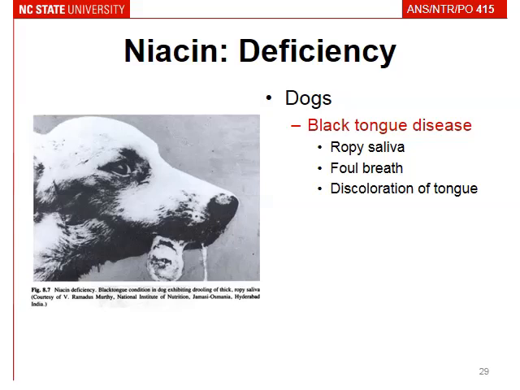Now, in dogs, you actually see what we refer to as black tongue disease. You'll see it results in ropey saliva, foul breath. The tongue gets discolored. If the dogs are fed commercially available dog food, you'll never see it.